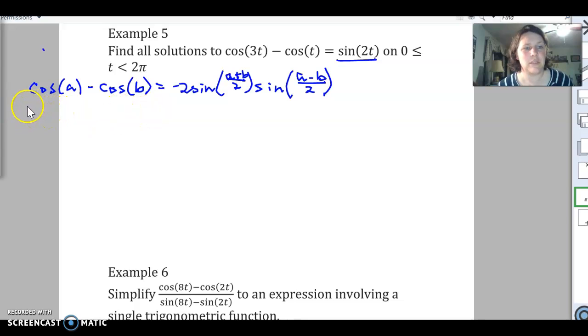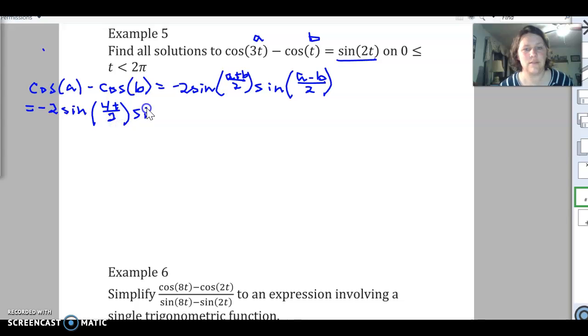Okay, I'm going to give myself plenty of room here, so I'm sliding over a little bit. So now we have negative 2 sine. Well, we need to know what A and B are. So let's say 3t is A and t is B. So we have negative 2 sine A plus B, 3t plus t is going to be 4t over 2.